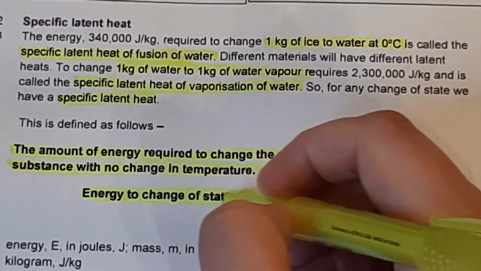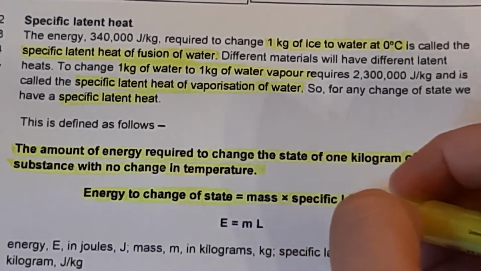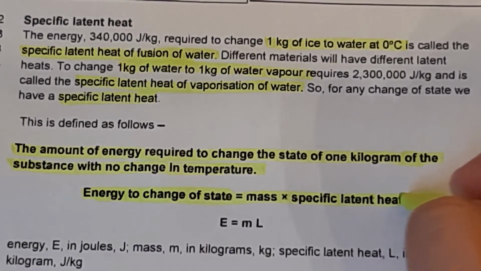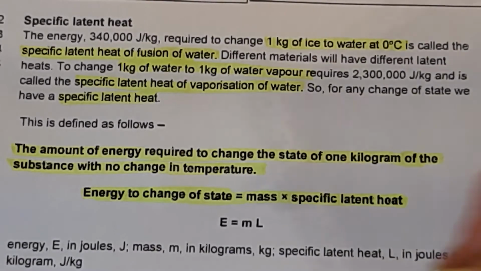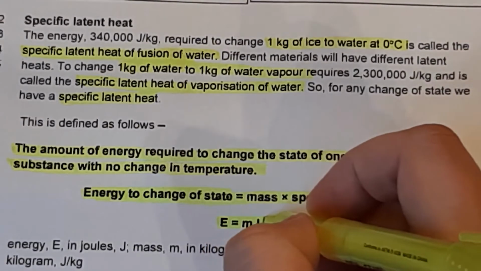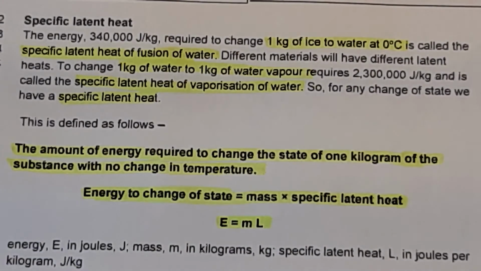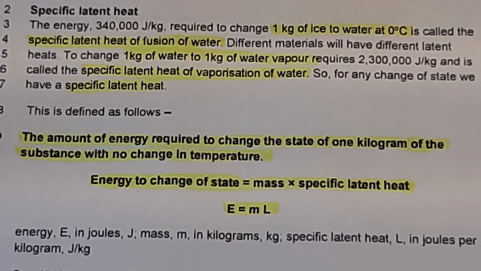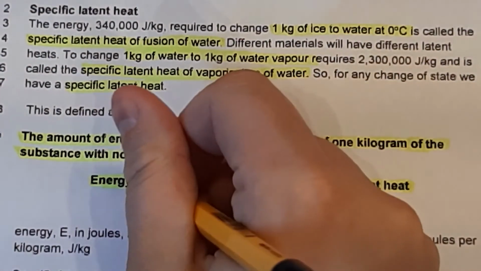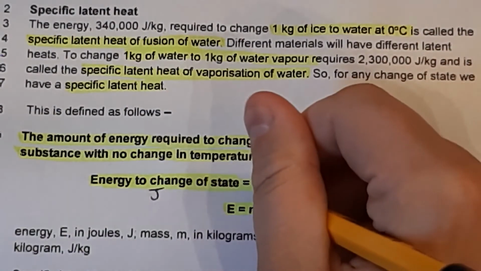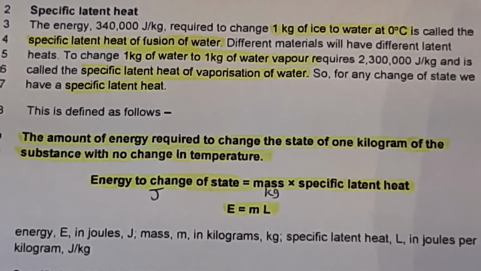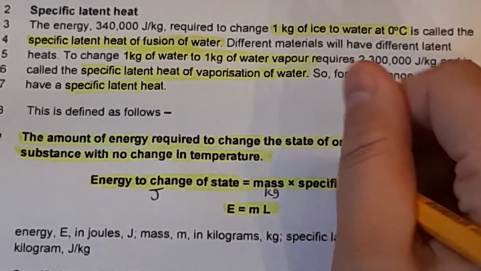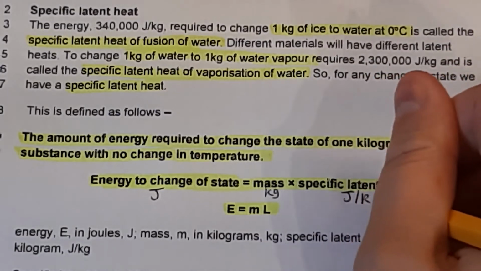So the energy to change state is the mass times the specific latent heat. And we use E for energy, m for mass, and capital L for specific latent heat. And there are units for this, as you can see. So energy is in joules, capital J, mass is in kilograms, and specific latent heat is in joules per kilogram.